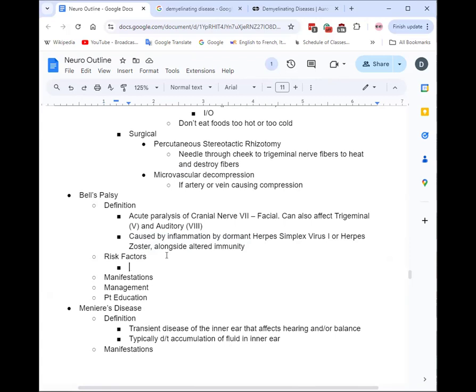Although I will say, Bell's palsy came up in our Kaplan in 240. It's a good thing I did neuro questions that I made, because that's the only way I knew it when we did our Kaplan.